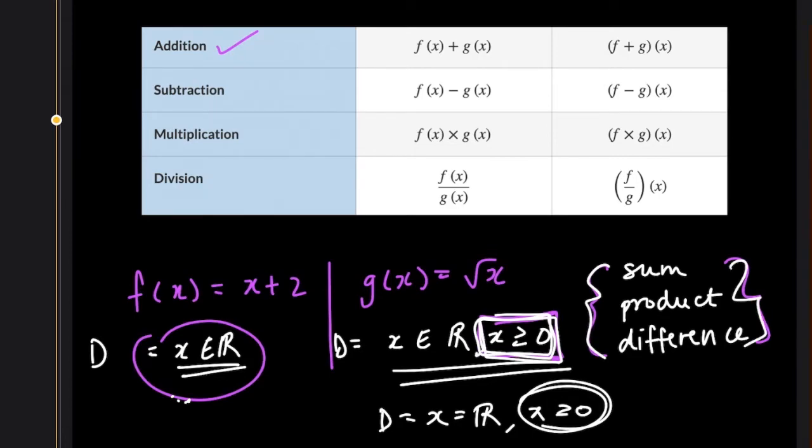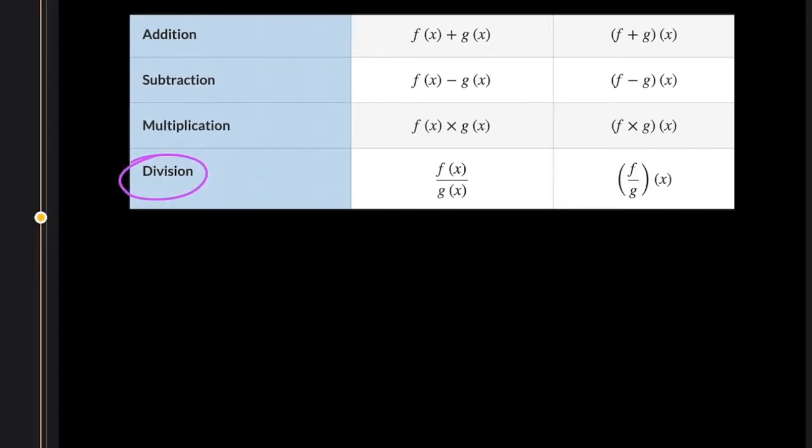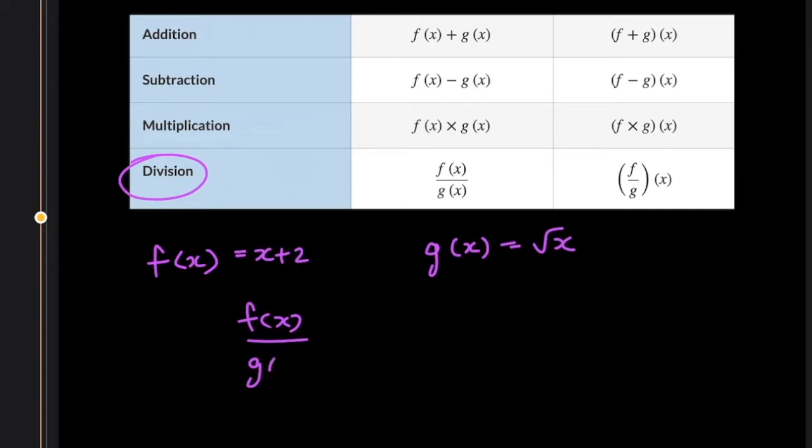Let's say we have the quotient, right? Let's say we have division. Let's say f of x is still x plus 2, and g of x is still root x. Now, when we have f of x over g of x, our denominator cannot be 0. So that already eliminates one of the values that we had for the intersection of the domain before.